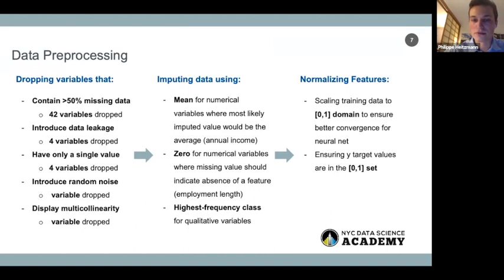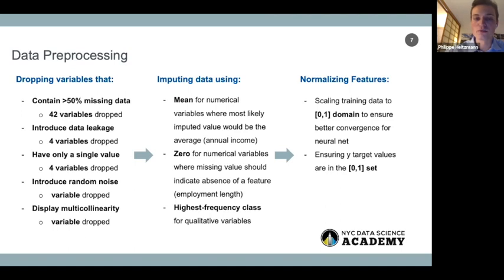For variables such as annual income, you're not going to impute zero annual income for most people, because most people who are applying for loans here actually have earned some sort of money and have jobs. So in this case, the most appropriate course of action would be to impute towards the mean.